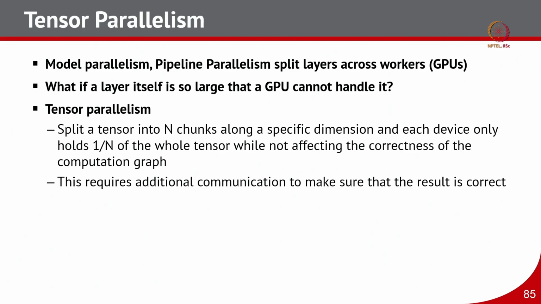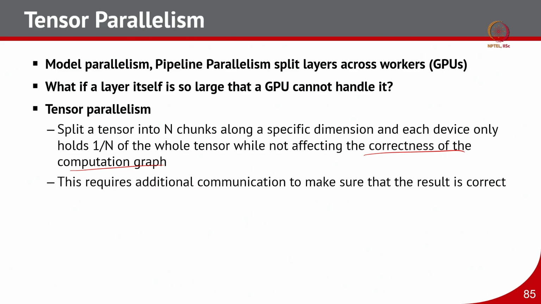In short, let us say we have 100 filters in one layer. If we have 5 GPUs, each GPU can hold 20 filters. You can assume the filter size is so big, or there are so many channels, that each GPU can only hold 20 filters. That is tensor parallelism.